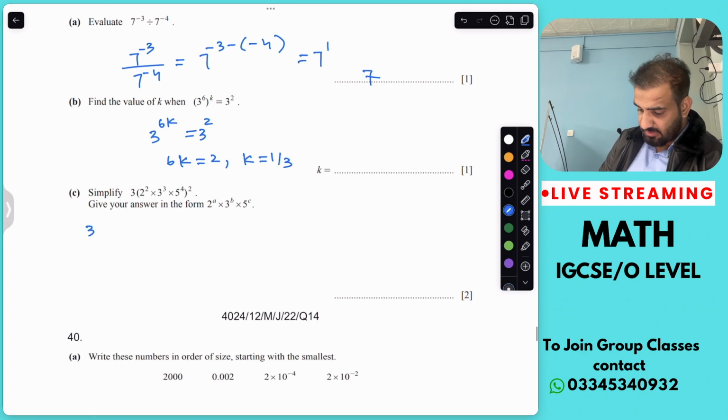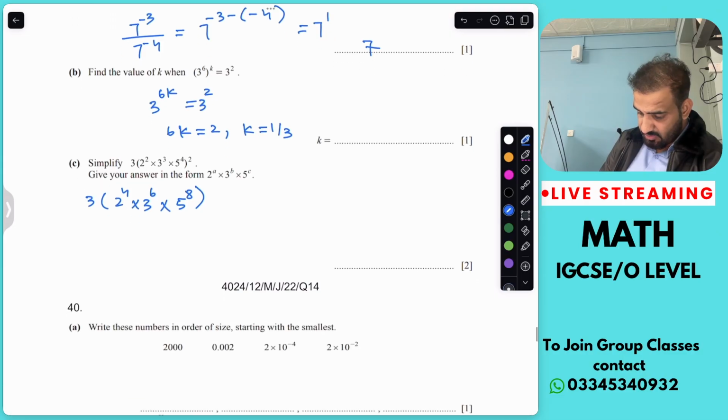So 3 into 2 raised to power 4 times 3 raised to power 6 times 5 raised to power 4. Twos are 8, so 2 raised to power 4 times 3 raised to power 7 times 5 raised to power 8.